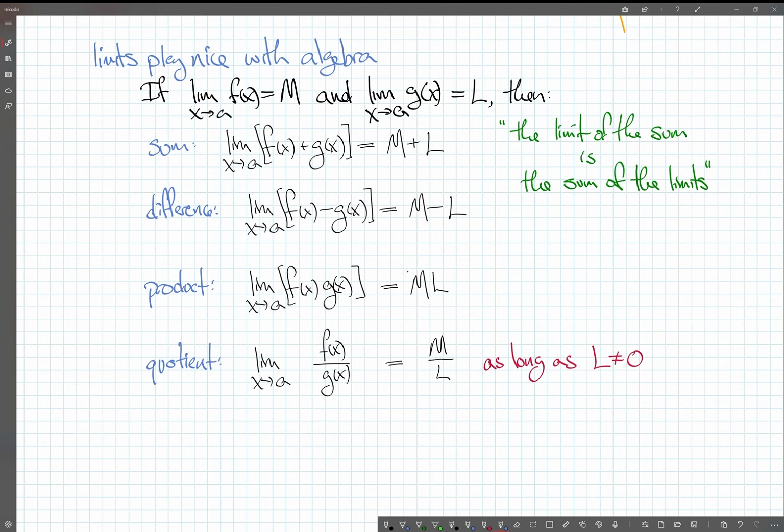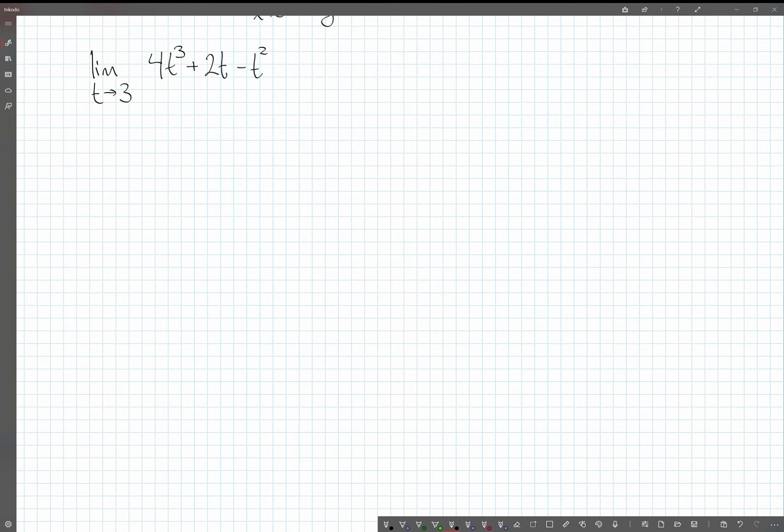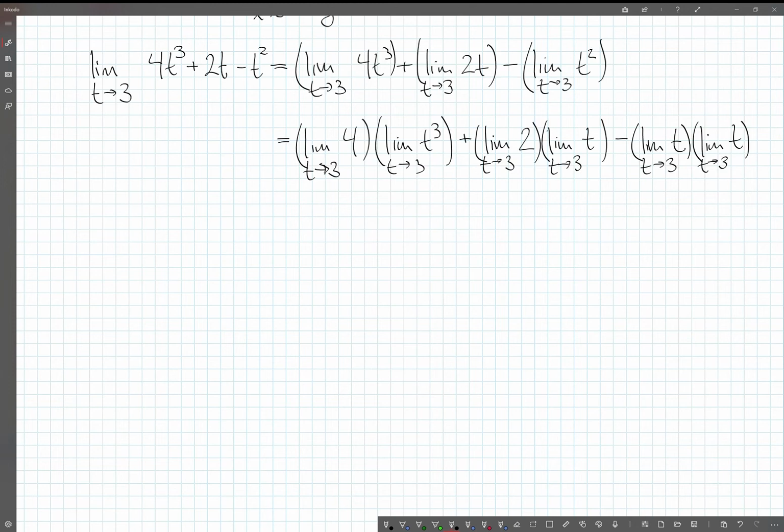Let's use these rules to compute a particular limit. If we consider the limit of the polynomial 4t cubed minus t squared plus 2t as t goes to 3. First, we use the fact that the limit of a sum is the sum of the limits to split that limit out across this plus and this minus sign. We also know that the limit of a product is the product of the limits.